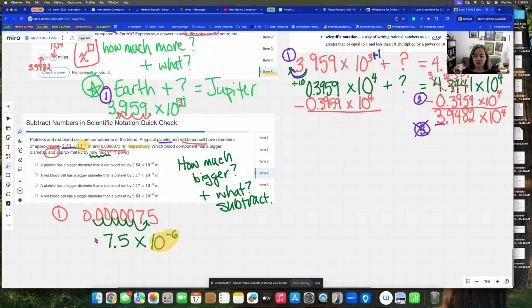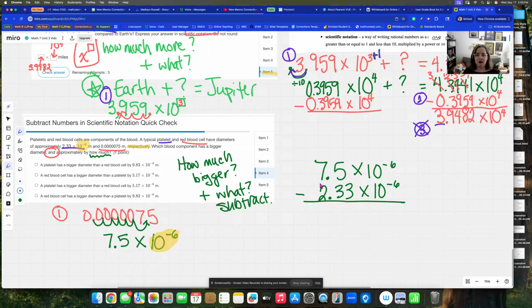So I am going to take the 7.5 times 10 to the negative 6th power. We don't need to know what that is called. We know it's an itty-bitty number, and we've got a match, and that's all we're worried about. We're going to subtract the 2.33 times 10 to the negative 6th power.